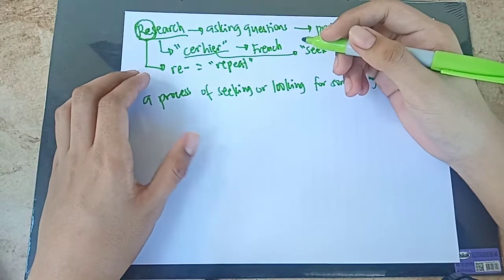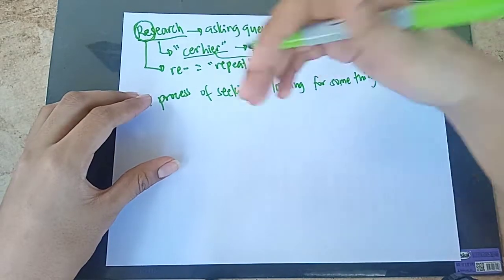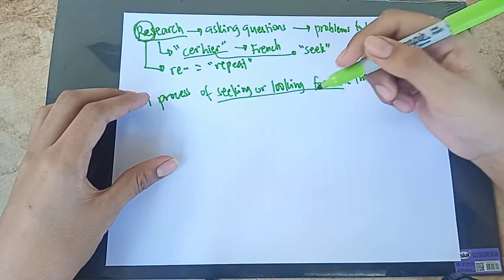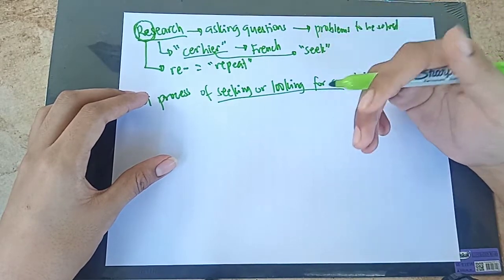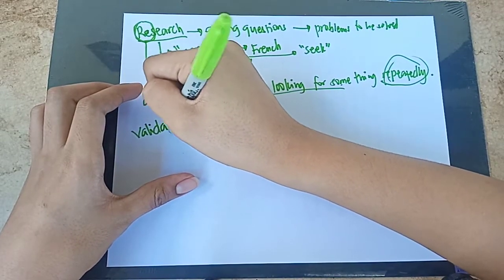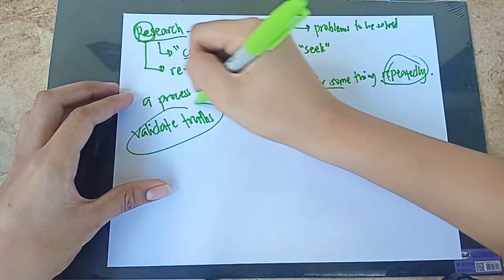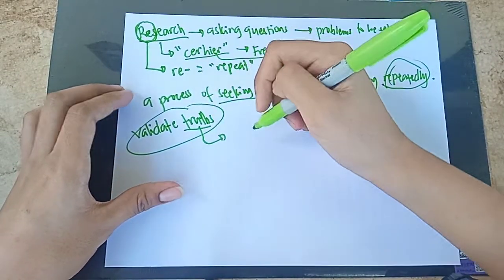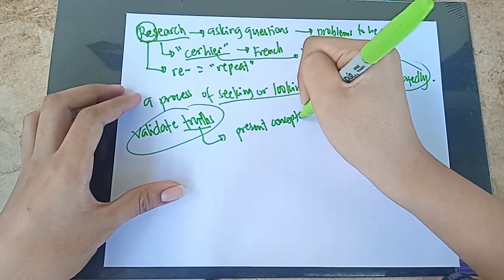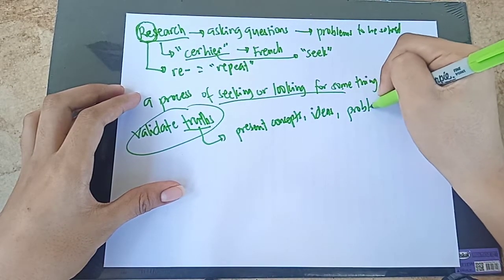So why do we repeat research? The main essence why we repeat seeking or looking for something is that we need to validate truths. Truths regarding what? Truths regarding the present concepts, present ideas, and present problems.